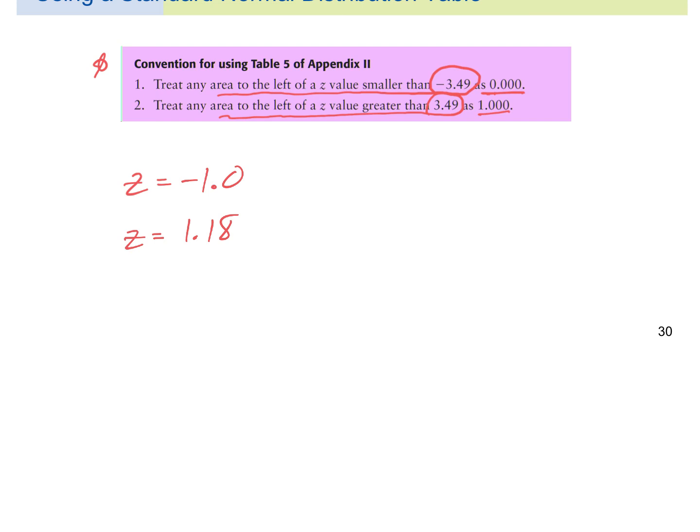I do want to draw a little picture just so you can see. Here's my standard normal curve. Negative 1 is about right here. Positive 1.18 is about right here.